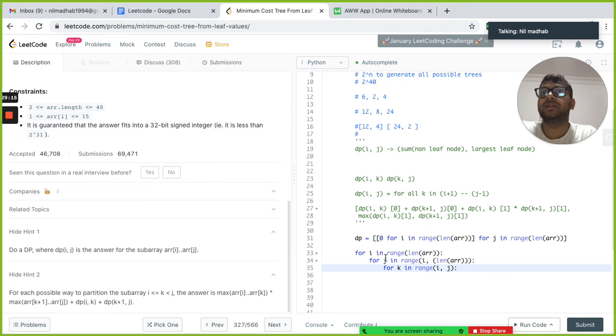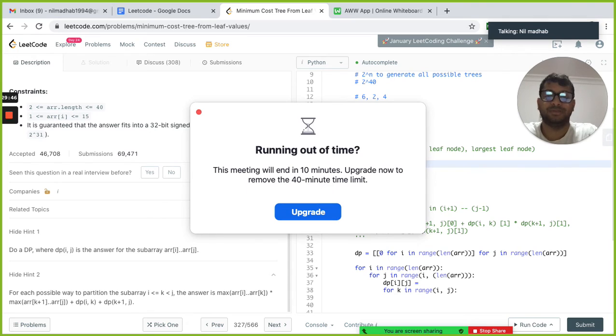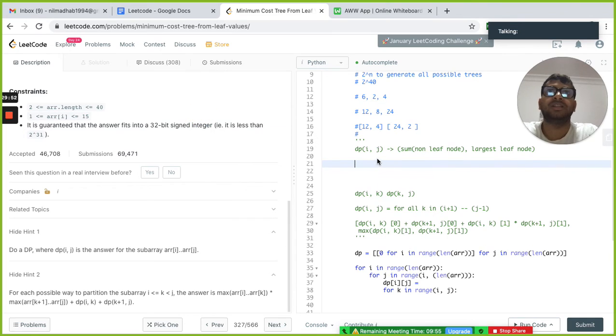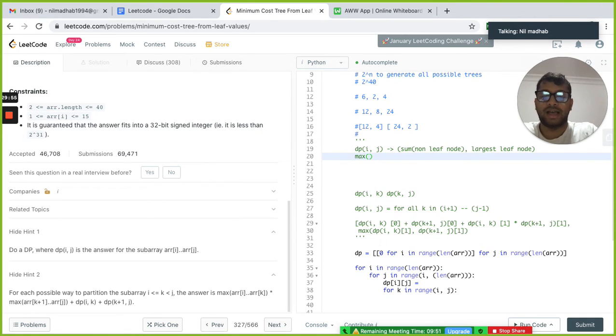And if i and j are equal, then what will dp be? This will be a tuple, no? dp of ij will be a tuple of 2 values. But I think we don't need 2 values. We just need the sum of the non-leaf nodes, because the largest leaf node will be just the maximum of array i to j.